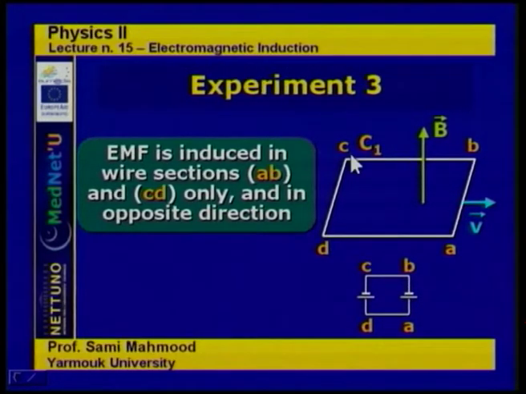In the cases of CB and DA, the force is lateral, and it does not introduce any driving force on the charges. So it does not do anything.